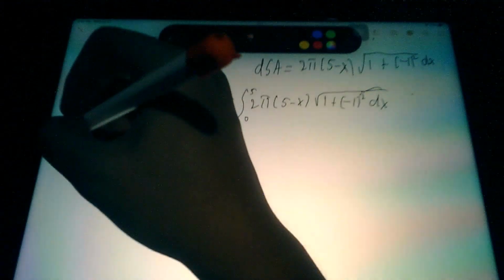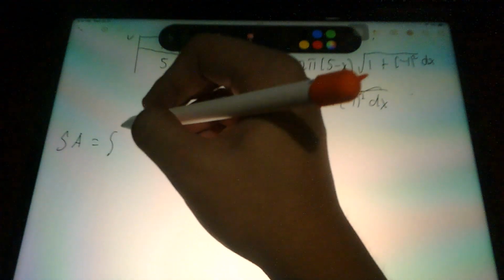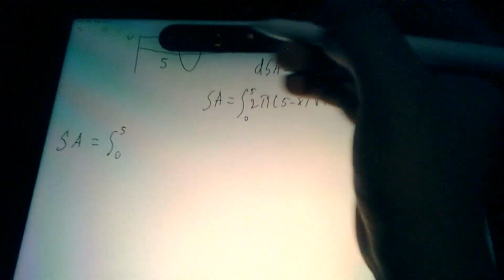Surface area is equal to the integral of 2 pi.